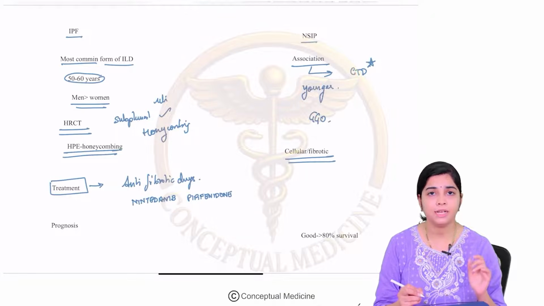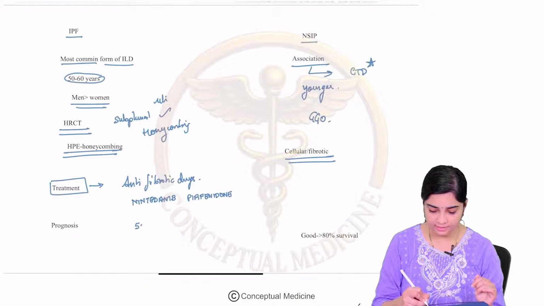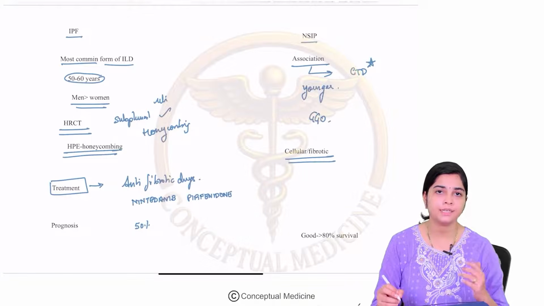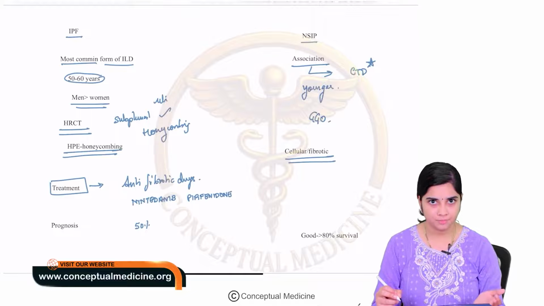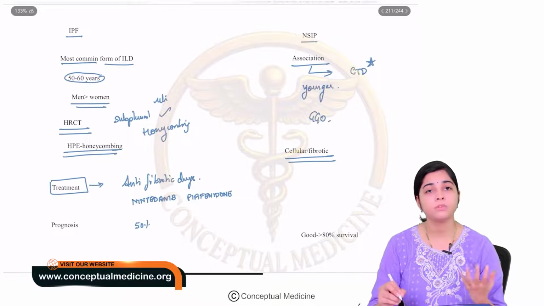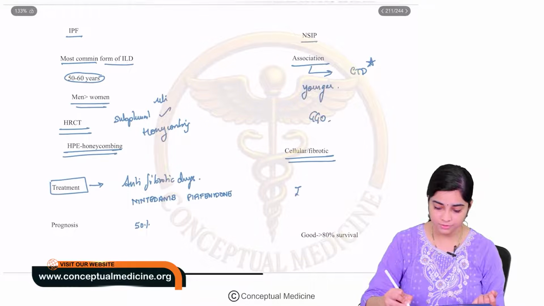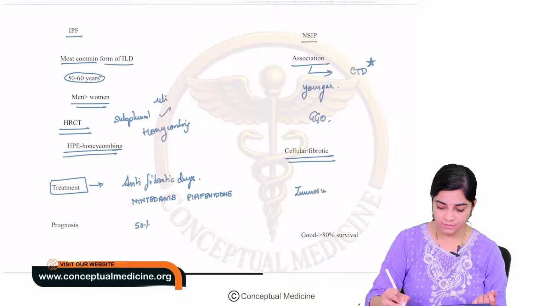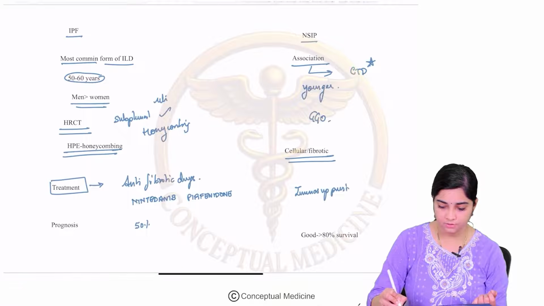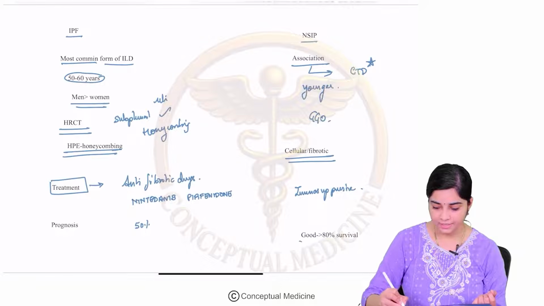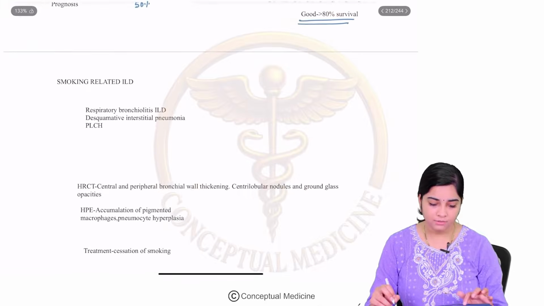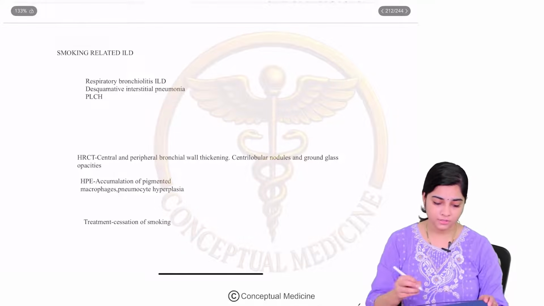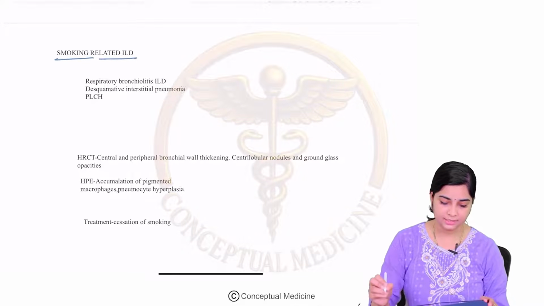However, IPF still has a poor prognosis and it has up to a 50% mortality rate at the end of 5 years. How is the management of NSIP different from idiopathic pulmonary fibrosis? Because most often it is associated with connective tissue disorders, immunosuppressive agents are useful in the management of NSIP-ILD, and it has a good prognosis, more than 80% survival rates. Now let us look at the next group of disorders, which is your smoking-related ILDs.